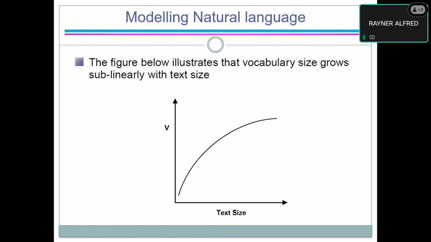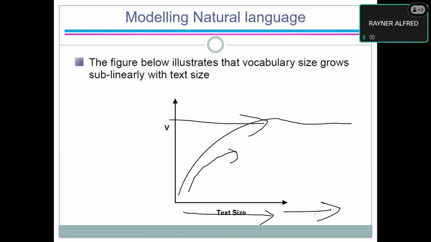Okay. So when we look at this, the bigger the size, or the number of letters used for the term, as it grows bigger, it will stagnate at a certain point, because the larger the size, you will have limited vocabulary.